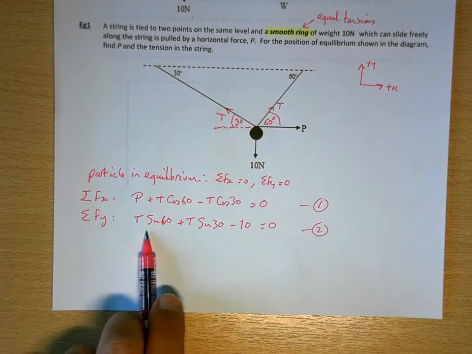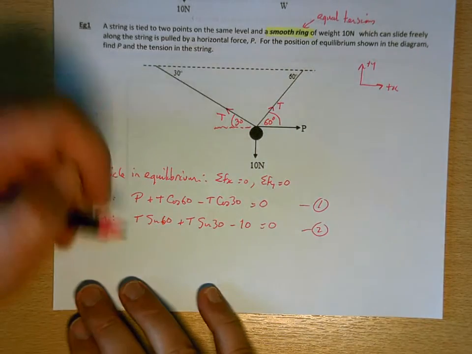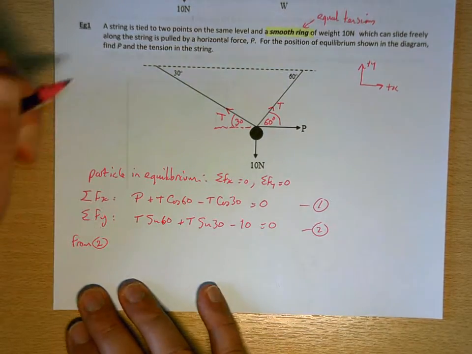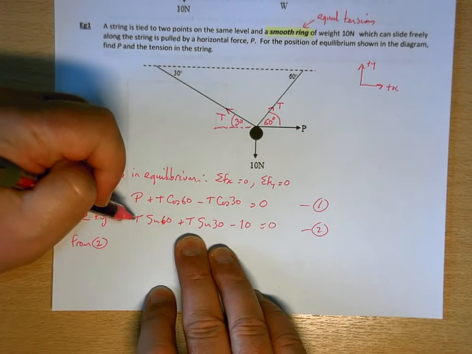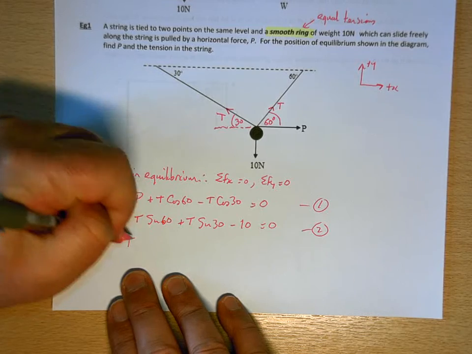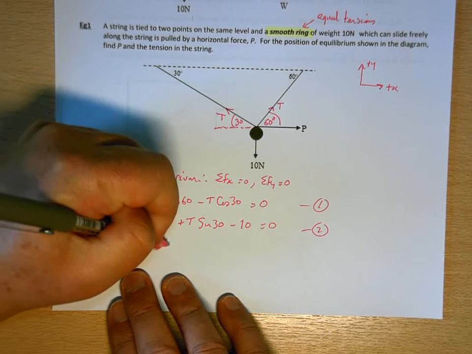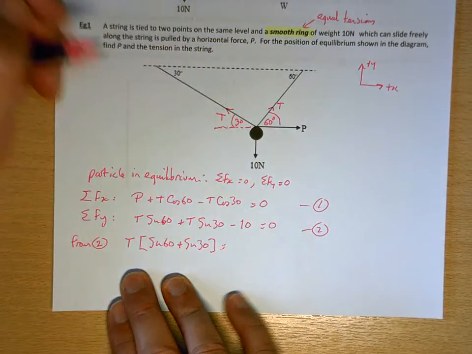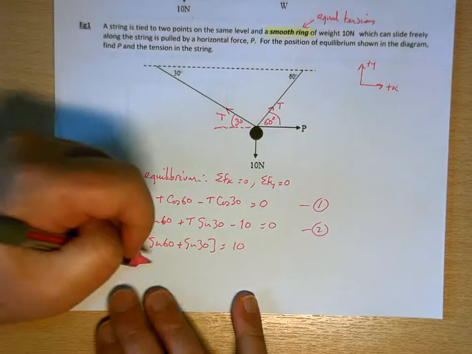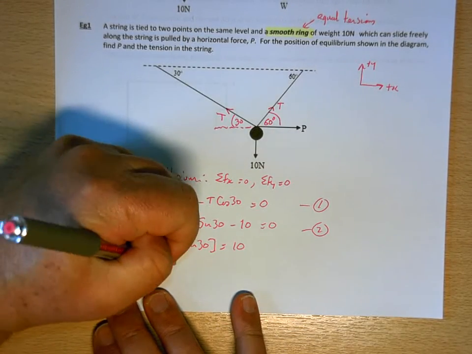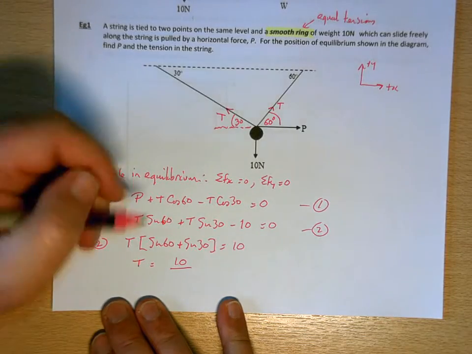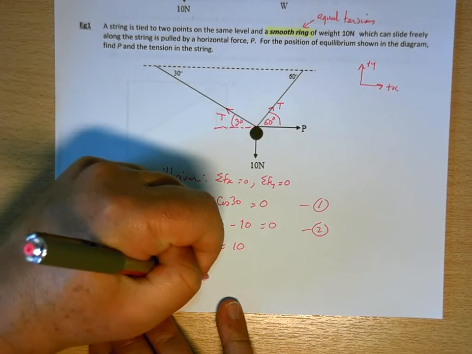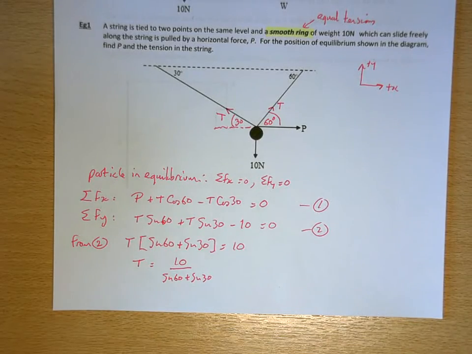Hopefully you can see equation 2 has only got T as an unknown. So if we work with that first of all. From equation 2, if I pull T out as a common factor, take the 10 across, then T will be 10 over sin 60 plus sin 30.